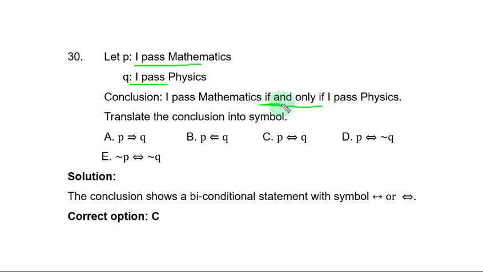This statement, if and only if, is biconditional or bi-implication, and the symbol for it is the two-headed arrow. It can be one line or two lines. So by this, the correct option is C. I pass mathematics if and only if I pass physics.